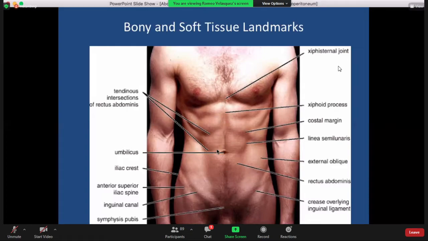So linea alba is in this location, and you have there the linea semilunaris. That's the entire linea semilunaris right there on both sides. The bony landmarks are all familiar to you, needs no repetition, right?